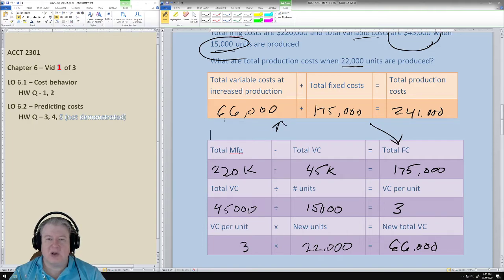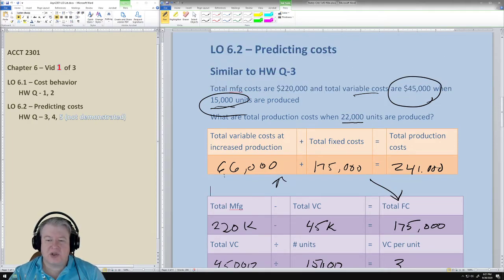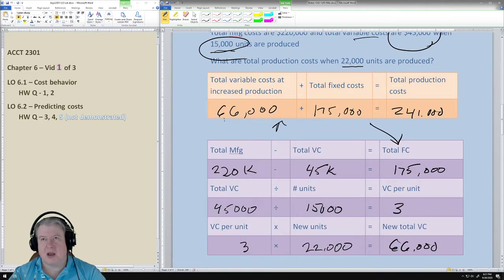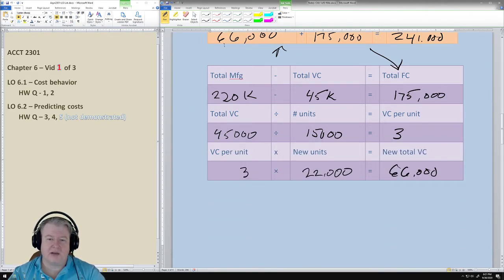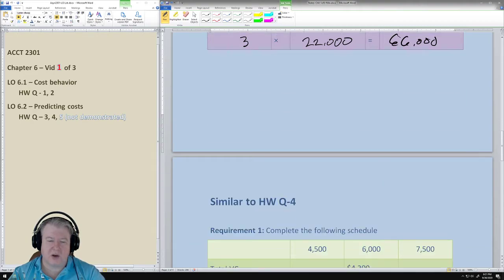And just as we looked before, because we're spreading these fixed costs over more units, instead of 175,000 over 15,000 units, we're spreading it out over 22,000 units. We might be able to actually lower the price of our product. Okay, so using this, you can get through question number 3.